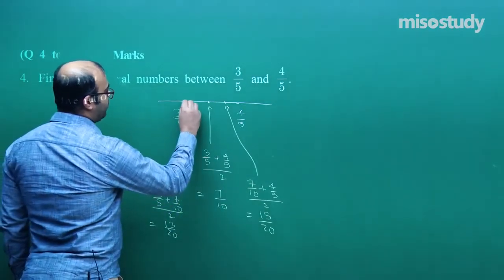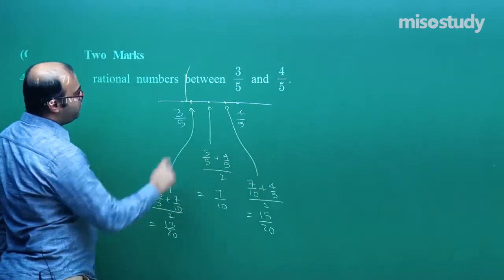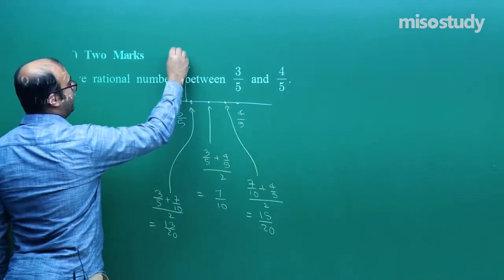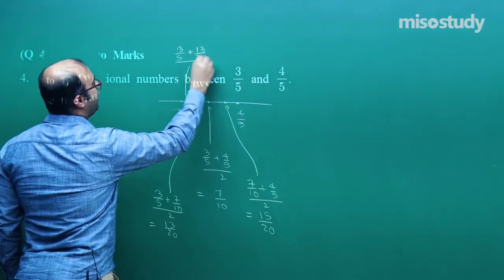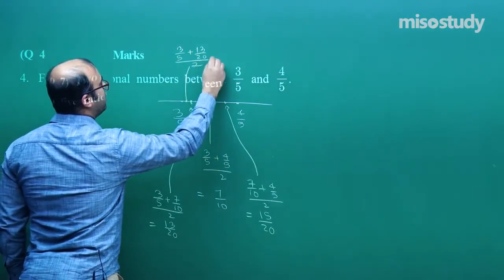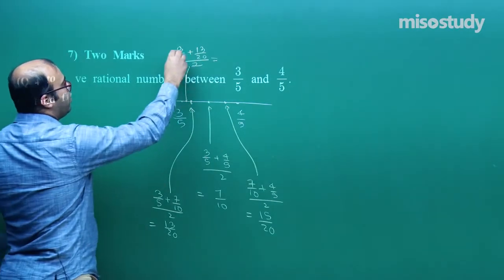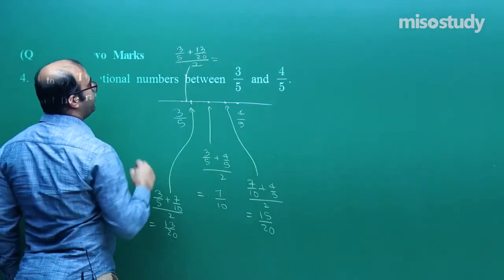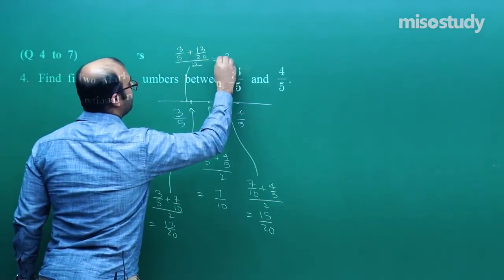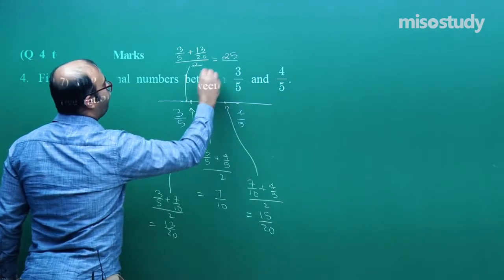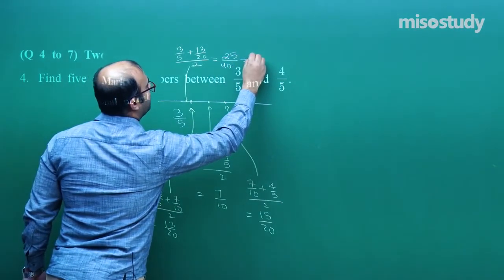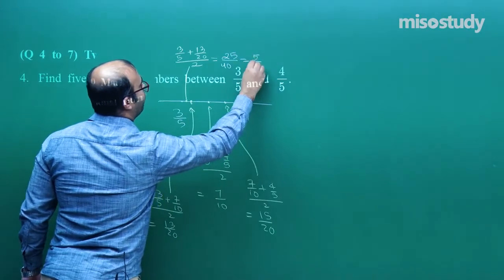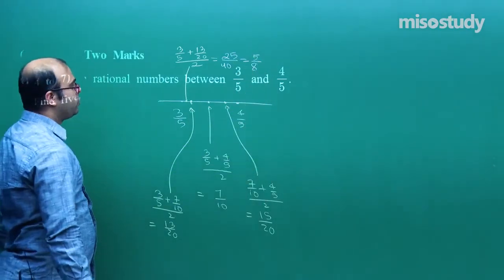So, I am taking this one. This one is between 3 by 5 and 13 by 20. So, 3 by 5 plus 13 by 20 and half of this will be equal to 12 plus 13, 25 by 40. That can also be written as 5 by 8, 45 by 8 students.